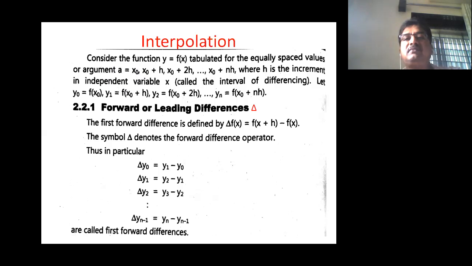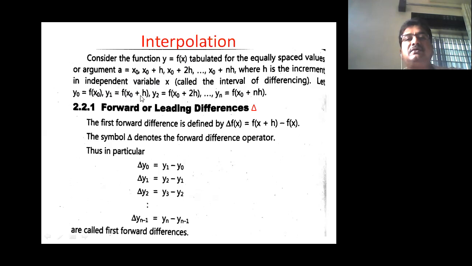So the value of this y or f(x) at x naught is denoted by y naught or f of x naught. So what is f of x naught? f of x naught means the value of function f at x naught, while f of x naught plus h is the value at x naught plus h, and this is denoted by y1.